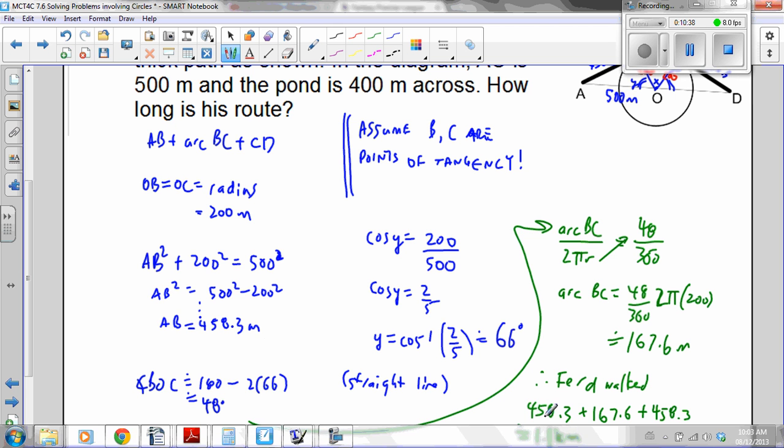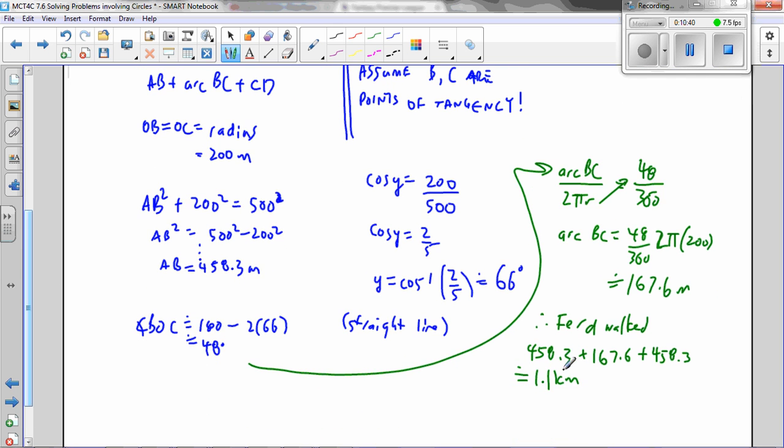All right, and I added that up, and it's just over 1,000 meters, rounded to the nearest kilometer. You can figure that out. That's about 1.1 kilometers. I'm going to pick up example 2, the last example of the year, in part 2.